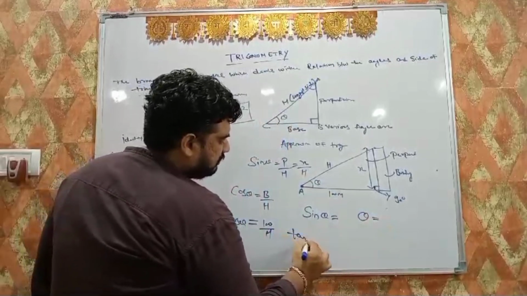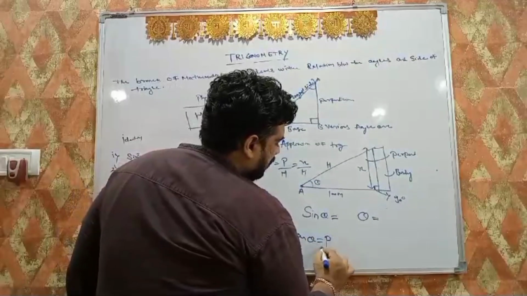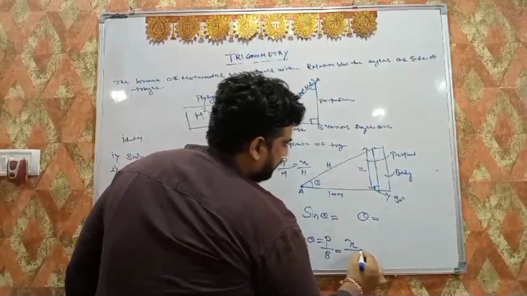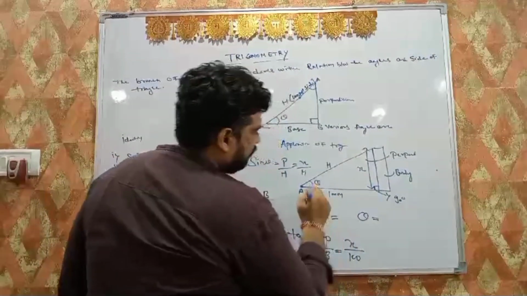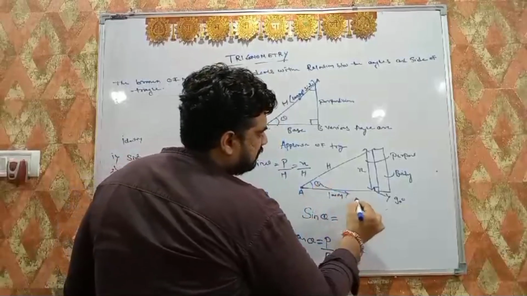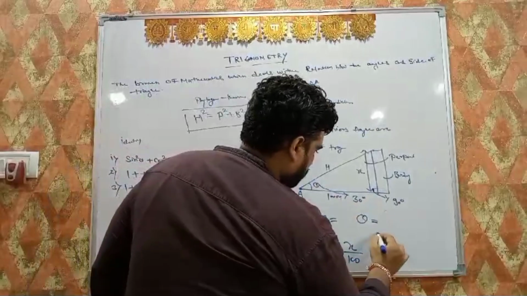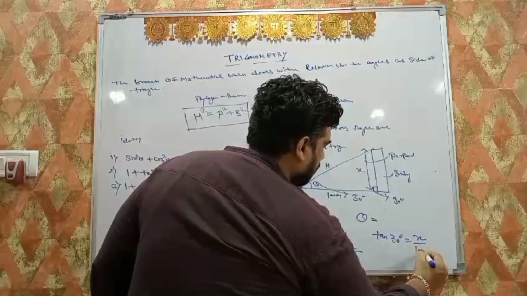Another example is tan theta. What is tan theta? It is perpendicular by base, where the perpendicular is our distance x and the base is 100. If we know the angle, let us suppose the angle is 30 degrees, just for an example, then tan 30 is equal to x by 100.